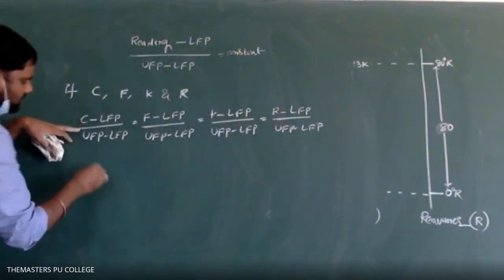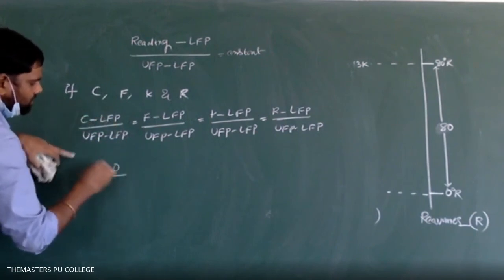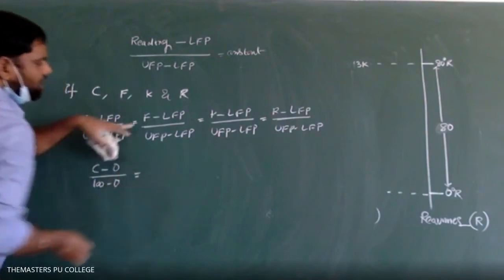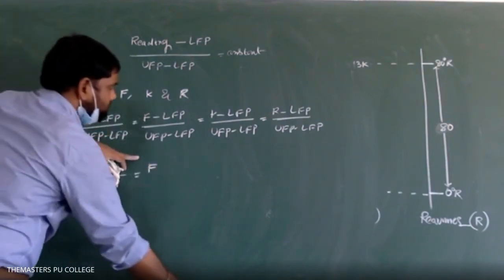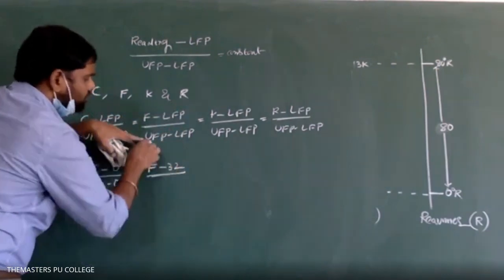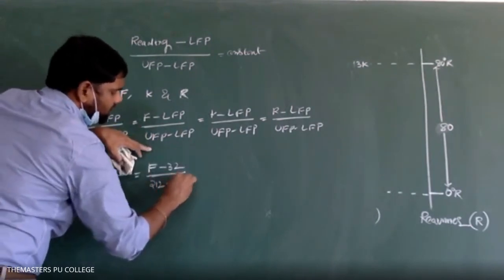On the Celsius scale, LFP is 0 and UFP is 100, so 100 minus 0. On the Fahrenheit scale, F minus 32 divided by 212 minus 32.